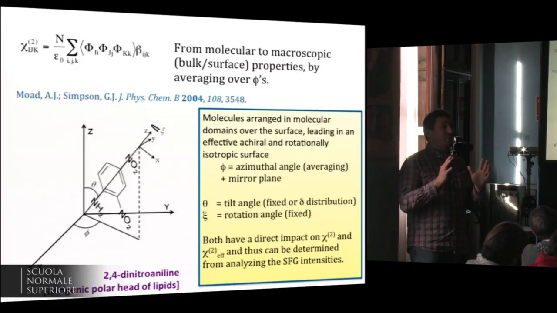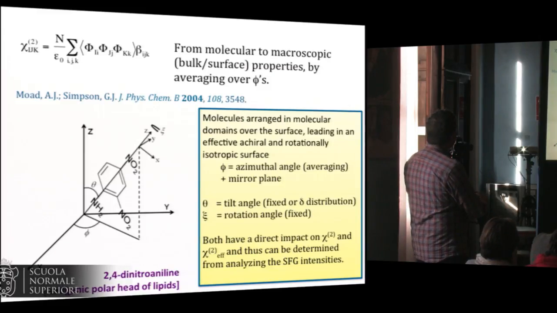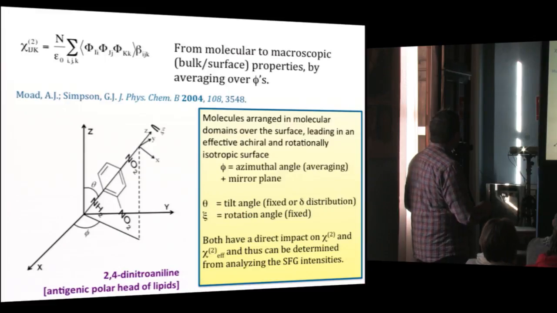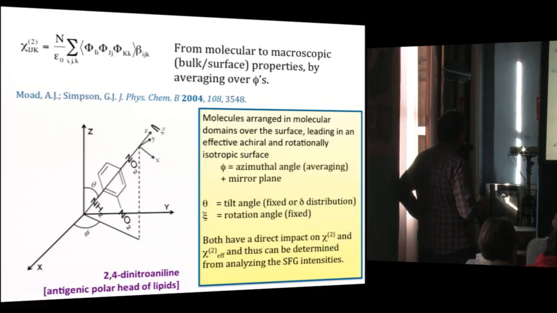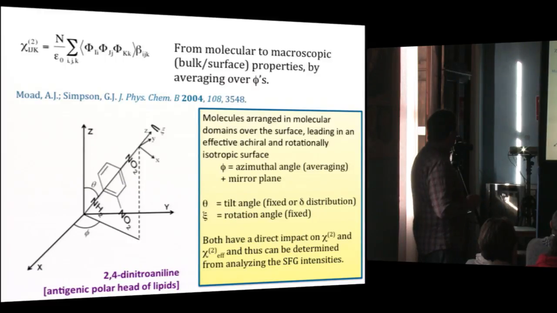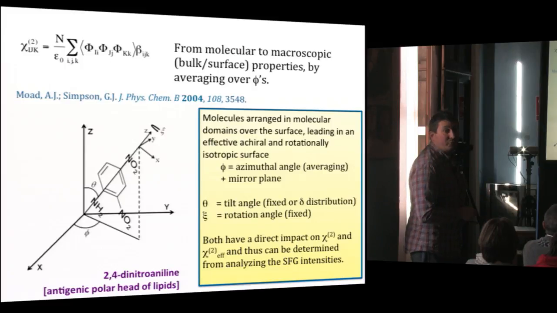So now we need to calculate this Chi2. And to calculate Chi2, we will consider the molecular responses, so the beta responses. And here this is a simple expression in order to go from the molecular to the macroscopic second order NLO response. Here the I, J, and K correspond to the molecular frame.